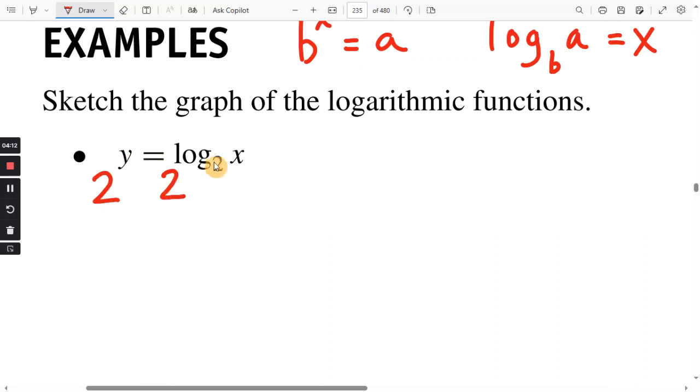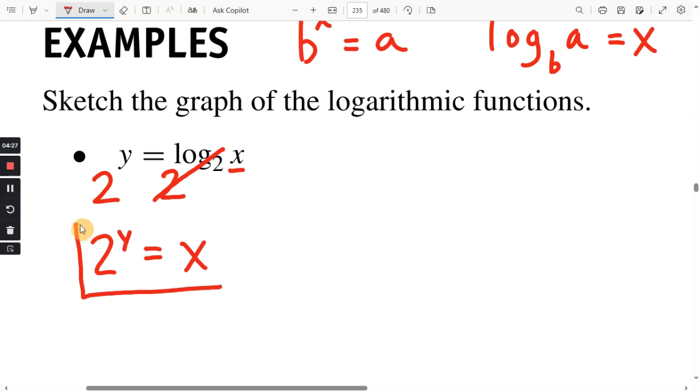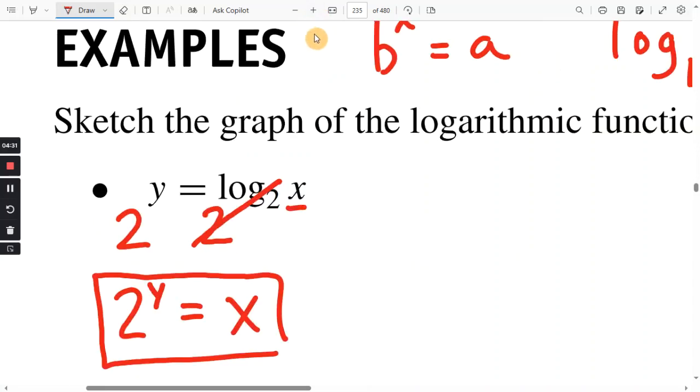If this base matches this base, they cancel, and we're left with the x. And we're left with 2 to the power of y. So this is basically what we're going to graph. This is the same as the original, just written in exponential form.